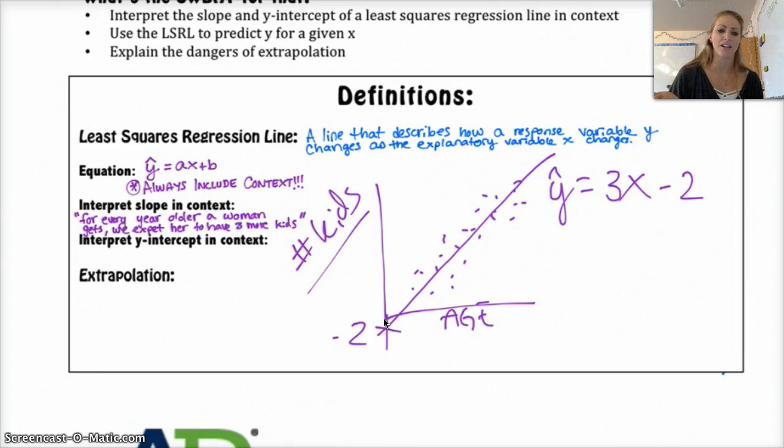And in the case of age and kids, right, if the x value is 0, that would mean that the age of the mother is 0 and the number of kids is -2. So this doesn't make sense, right? But it is still the interpretation of what the y-intercept actually is. So I'm going to write it down. Note that it doesn't make sense with the problem. And we will talk about that in just a second.